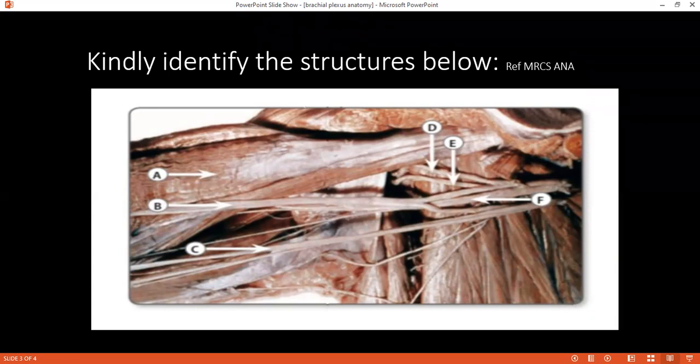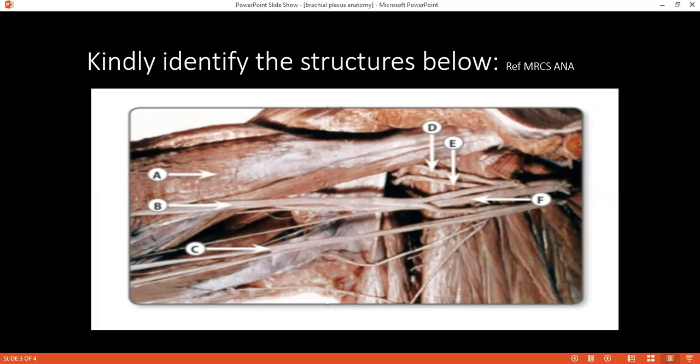Okay, what image are you looking at? Can you identify the structures from A to F, please? A is a muscle, biceps. B is the median nerve itself, and C is the medial cord.